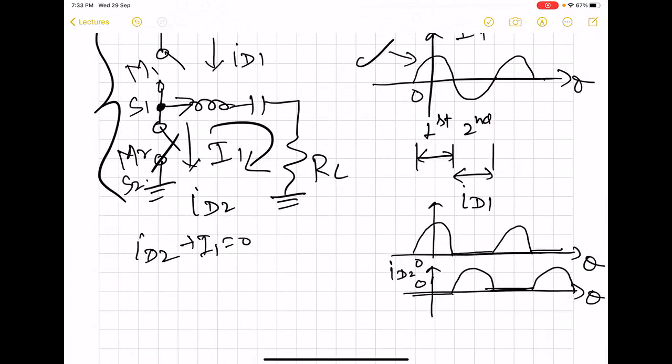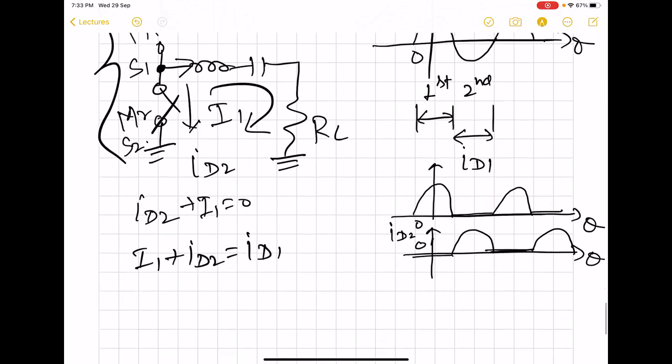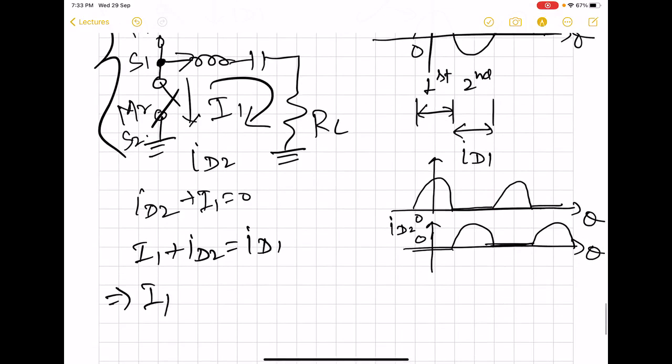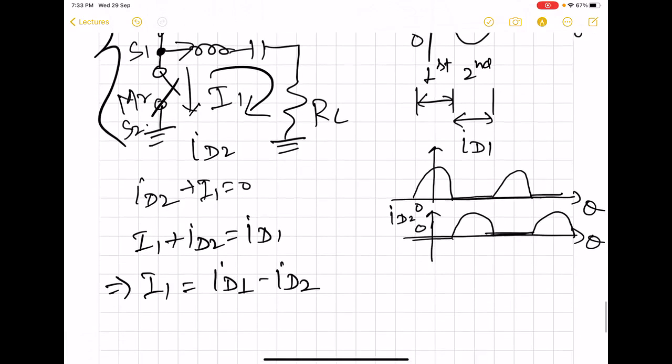We can now write the relation between each of these three. We find that I1 plus ID2 is equal to ID1, and it says that I1 is basically ID1 minus ID2.